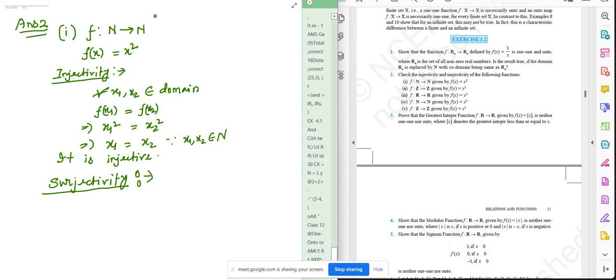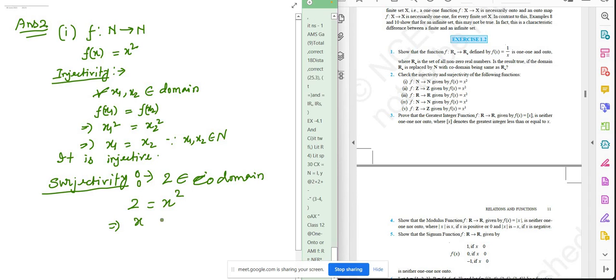Here in the codomain, natural numbers like 1, 2, 3, 4, 5: 1 has pre-image, 4 has pre-image, 9 has pre-image. But what about 2? 2 belongs to codomain, and if you write 2 equals x square, then x will be plus minus root 2, which does not belong to domain.